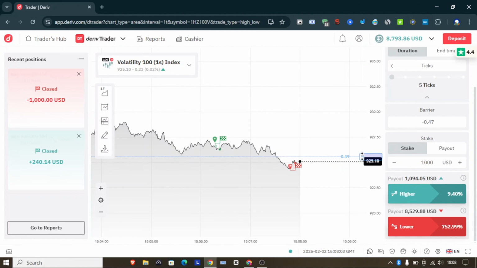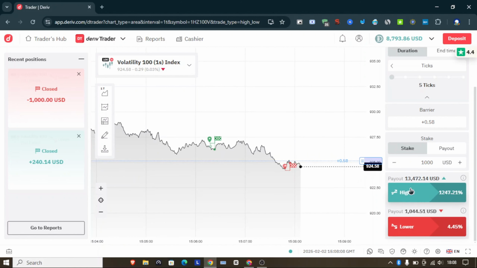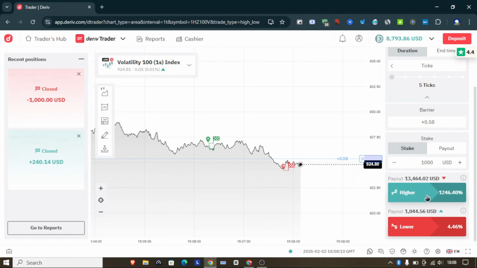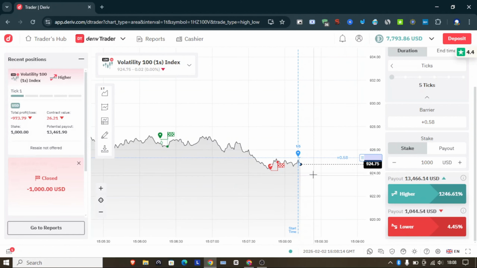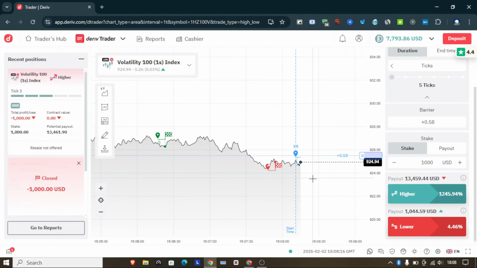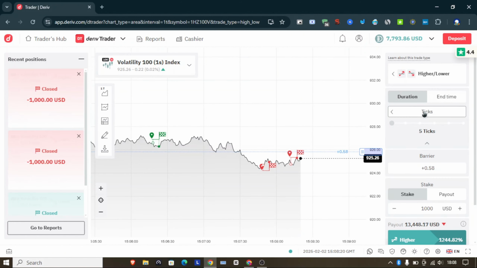So if the market is trending upwards, I move this blue line and then I press there, and then we wait to see if the market will cross there. In most cases it does not. That is why I prefer minutes.